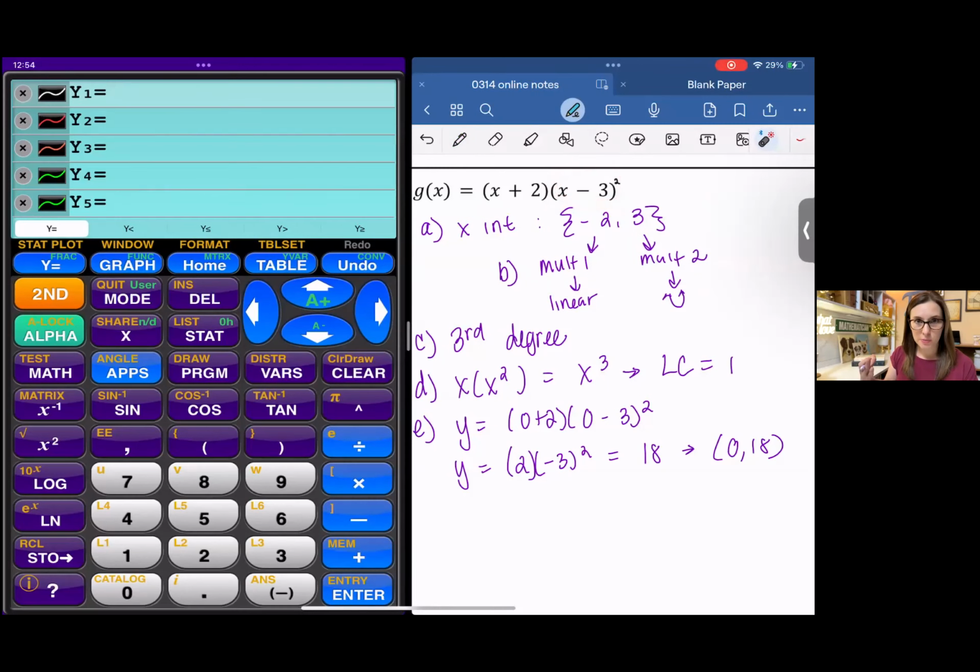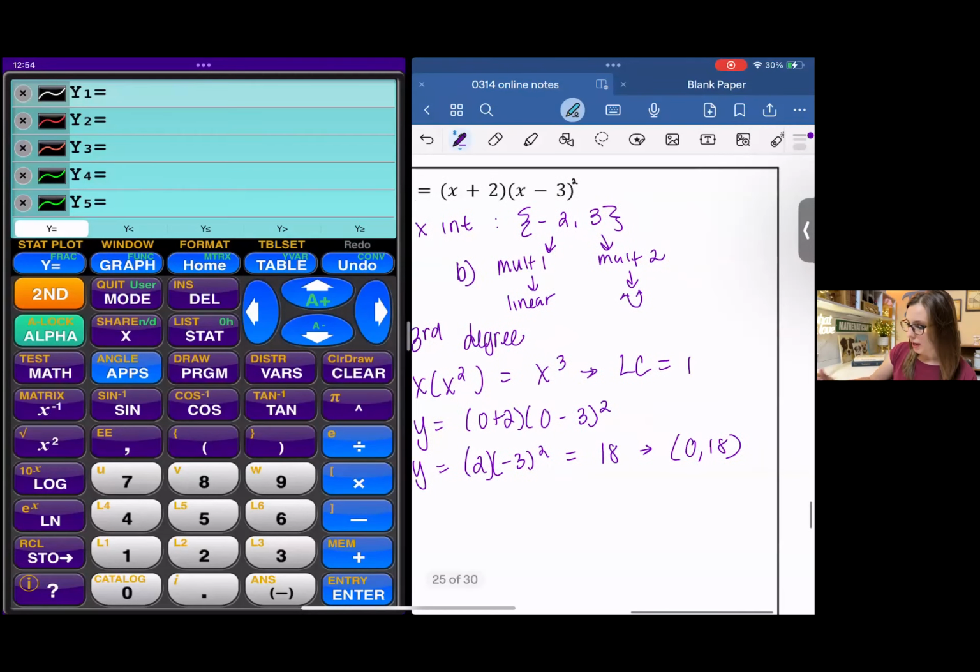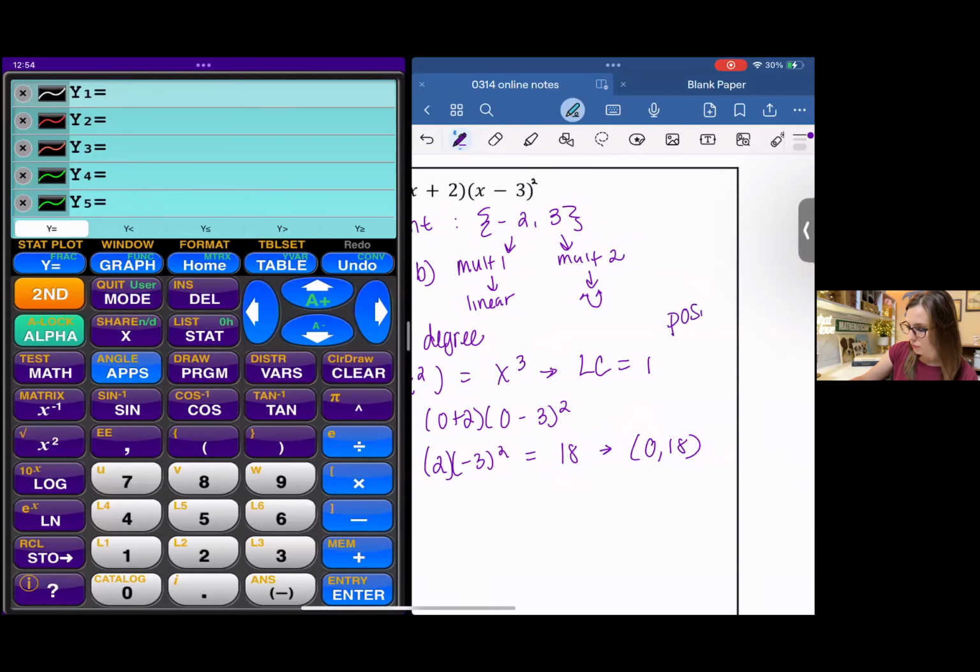If we were to expand that out, we would end up with x squared. So we get 1x to the third. So that leading coefficient is a 1. This means we have a positive odd degree polynomial. So let's look at a couple positive odd degree polynomials.